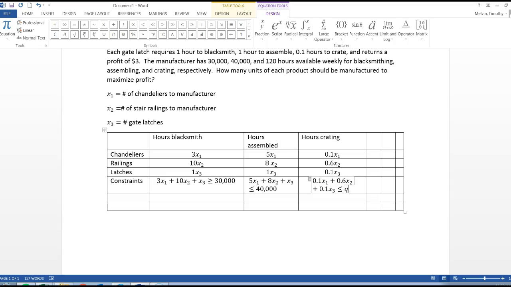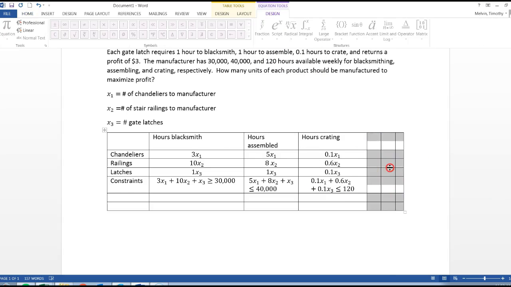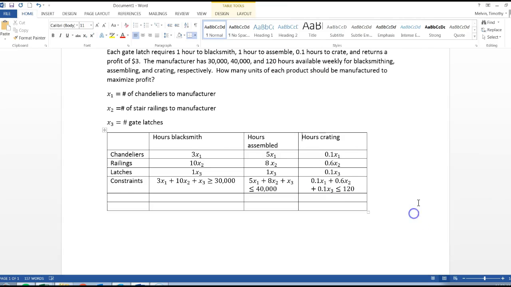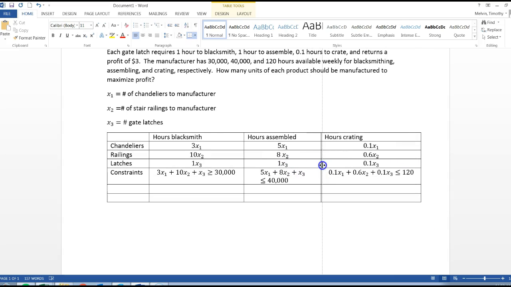This has to be less than or equal to 120 hours. I don't actually need these extra columns, so I could delete them to give myself some more space. Okay, so we've got my constraints right here.